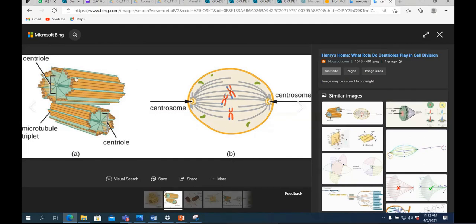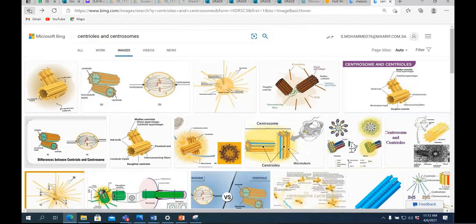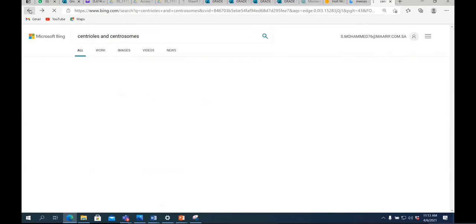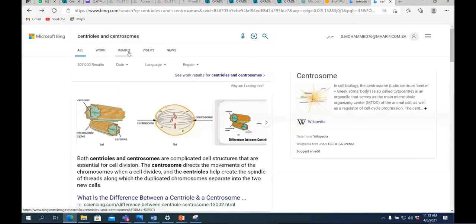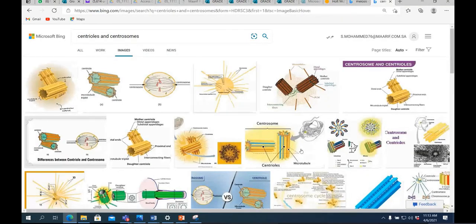These are the microtubule fibers. If you're looking at a cell in the process of cell division, you will not be able to view the centriole and centrosomes. During meiosis, it will not be shown. Only the chromosomes which are important for you will be shown. But these are the parts of the cell which are present in the nucleus and which help in cell division. So they play a role in the process of cell division.